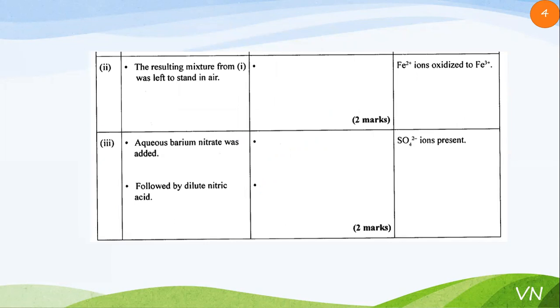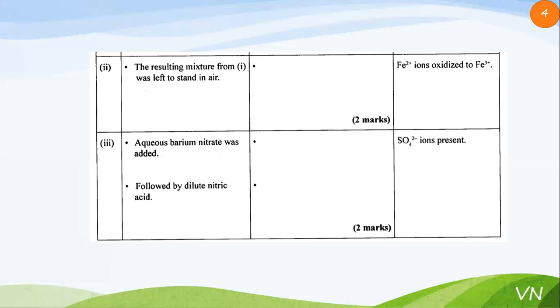The second test, well, not really a test, well, let's consider it as a test. Let's work with that. The resultant mixture from 1, that's the previous part here, was left to stand in air. The observation is that the Fe2 plus ions were oxidized to Fe3 plus ions.